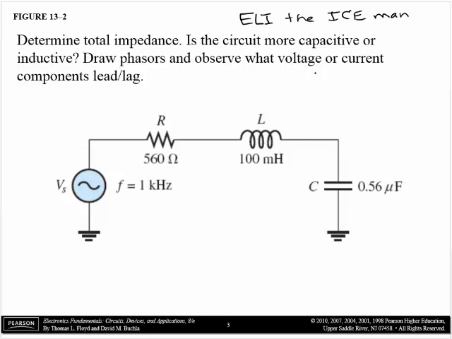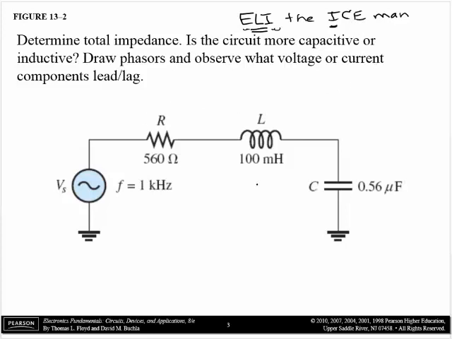In an inductive circuit, voltage leads current, and in a capacitive circuit, current leads voltage.